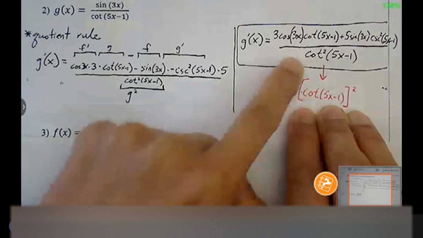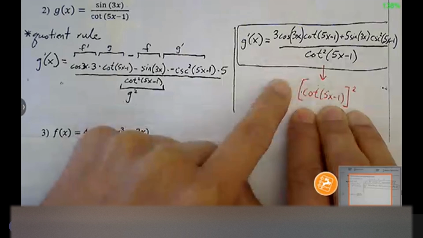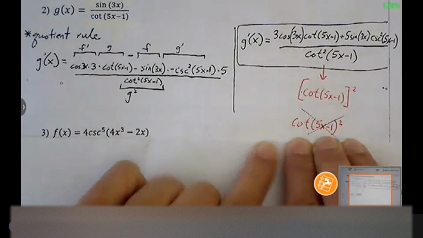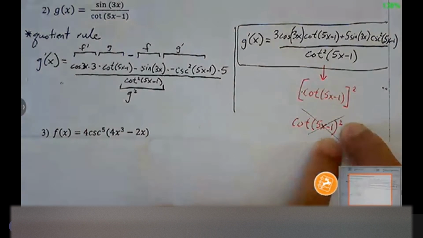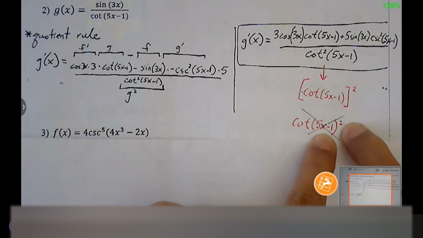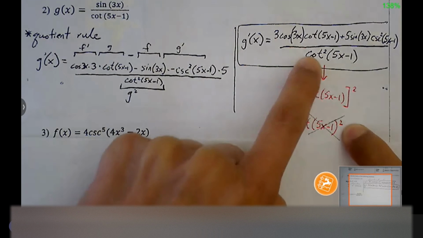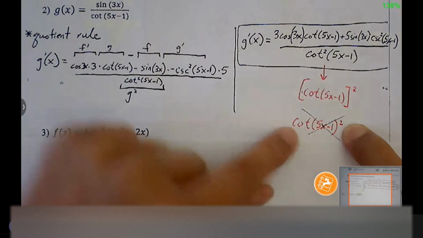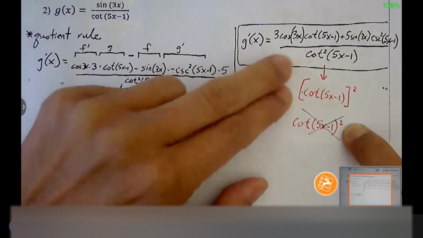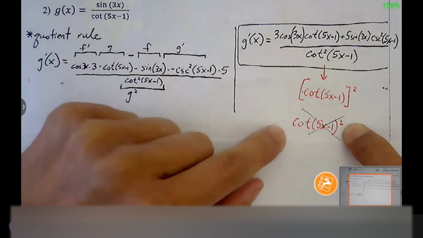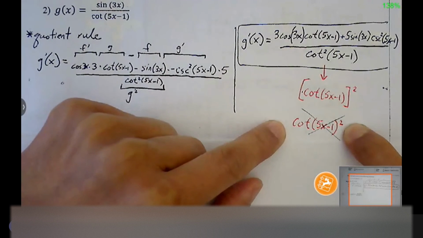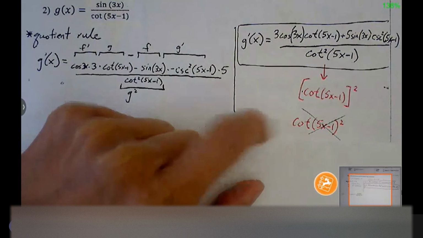But these mean the same thing, right? However, this is different. If that square is just here, then I'm just squaring the expression inside the cotangent, but it's not squaring the cotangent itself. So this would not be appropriate to represent that. So these two are the same. This is different.